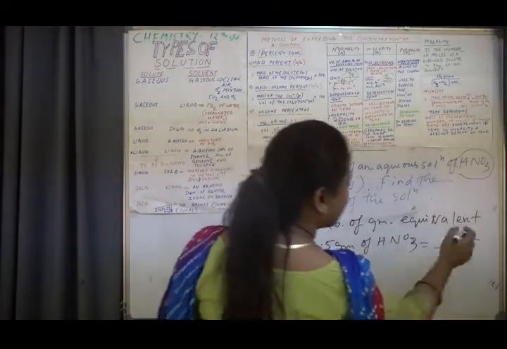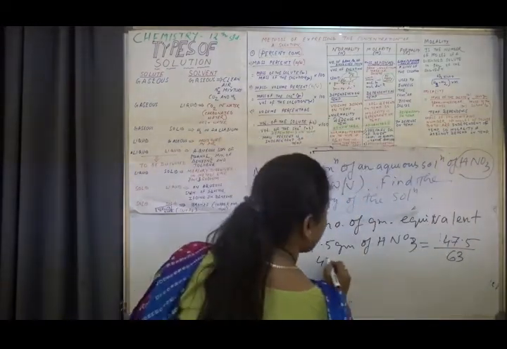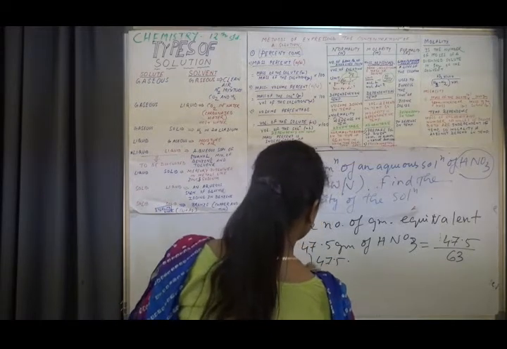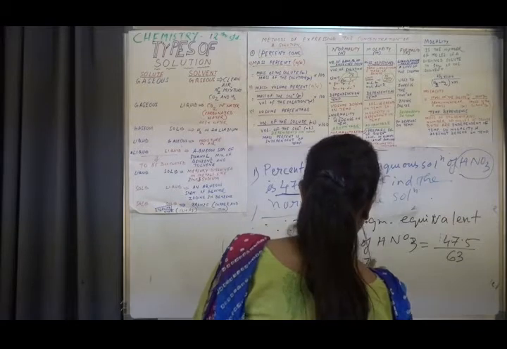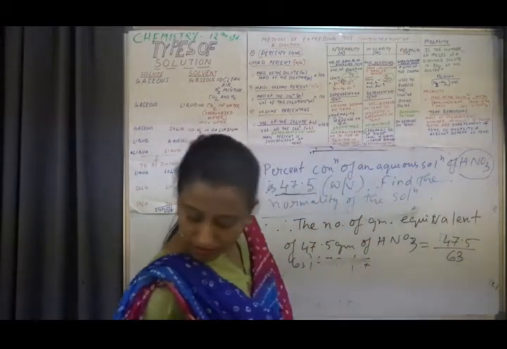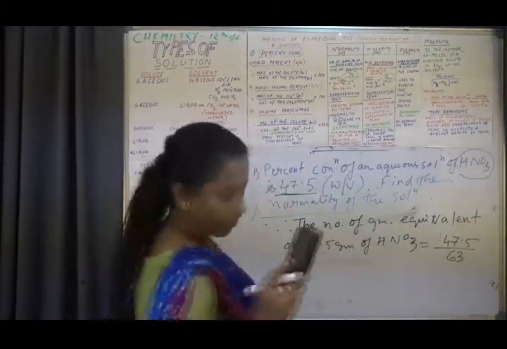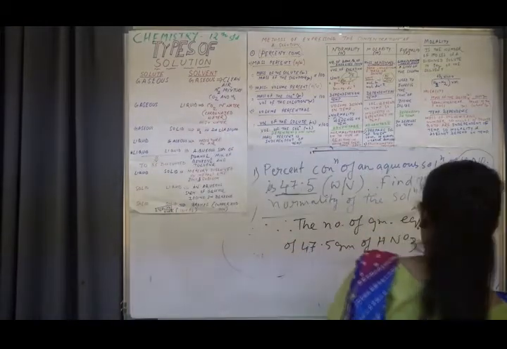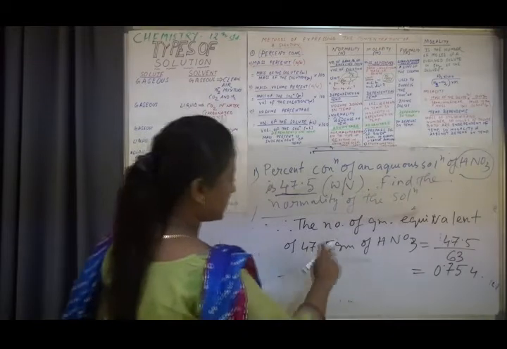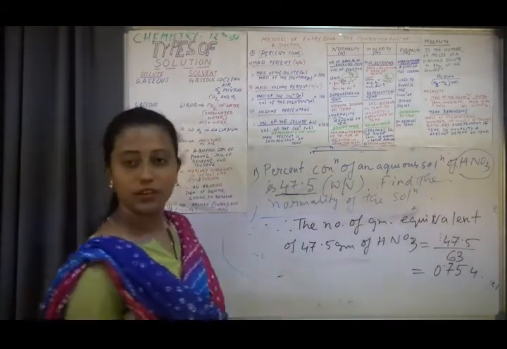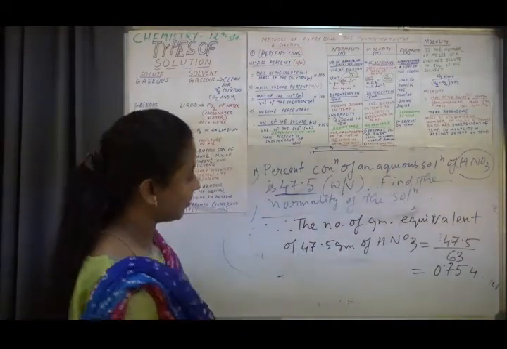So if I divide this, 47.5 divided by 63, it's coming roughly 0.754. This is the number of gram equivalent.